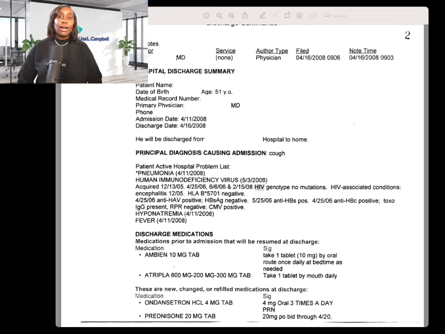So this is where a lot of new coders get confused because they think, oh, these are all the problems that the patient has today. And unfortunately, in healthcare, the problem list is not always cleaned up, meaning it's not always current.